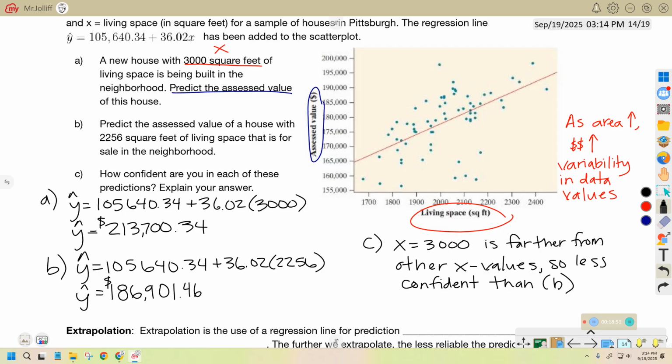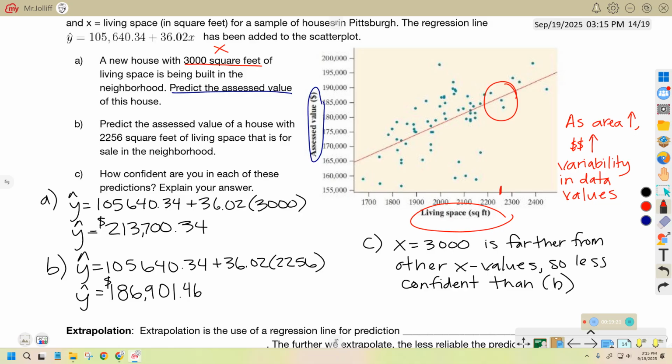Because B was evaluated for 2,256. 2,256 is right about here on the x-axis. I have some data in and around that x value. I actually collected data points around that area. And so that linear model is going to accurately reflect that range of x values in that region.